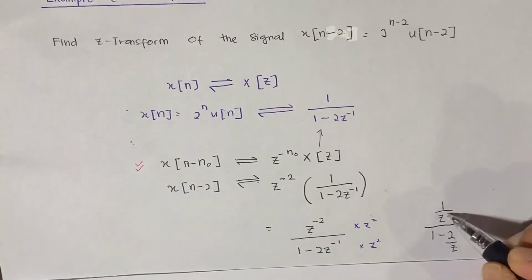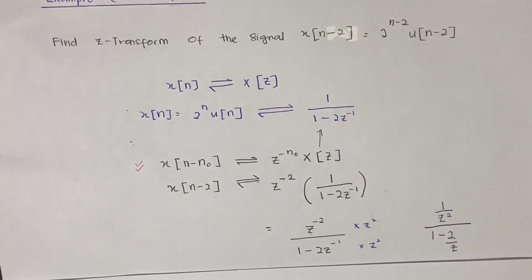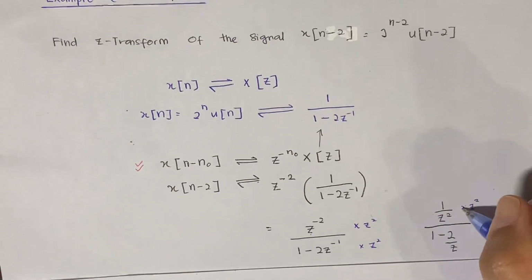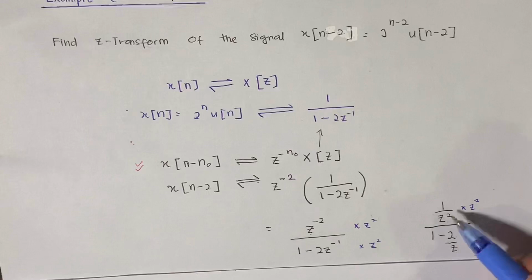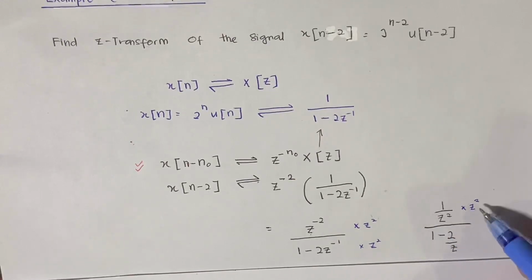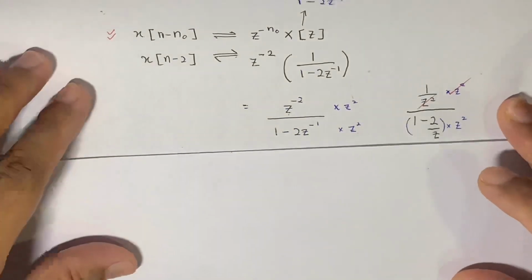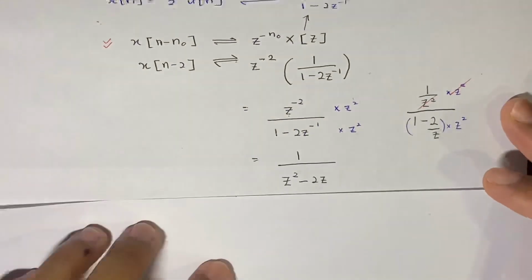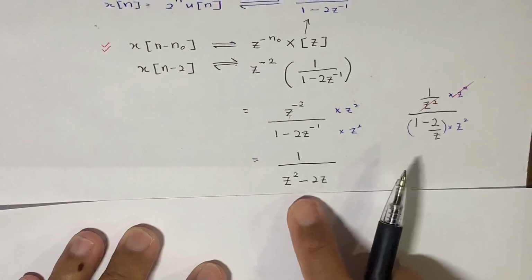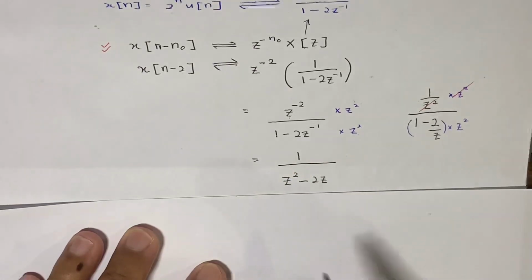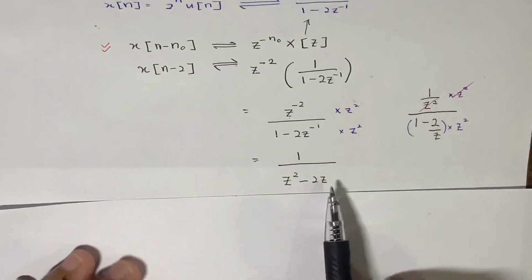I want to eliminate this z squared, so I need to multiply by z squared. If I multiply the numerator by z squared, I should multiply the denominator by z squared. So you will get this answer: 1 over z squared minus 2z.